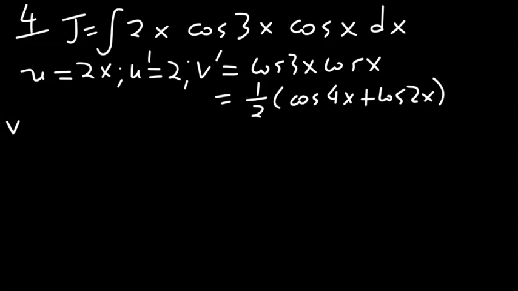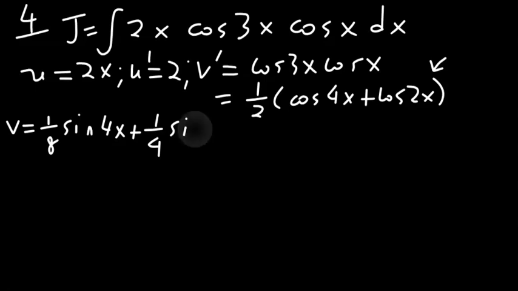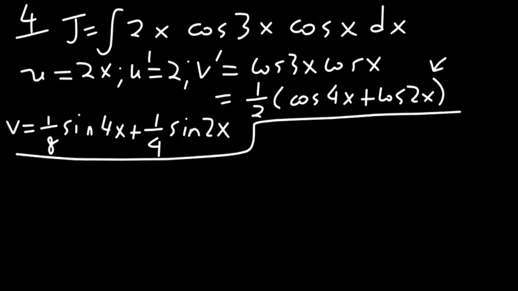So what that means is v, the result of integrating that, is just 1 over 8 sine 4x plus 1 over 4 sine 2x. Now let's apply the integration by parts formula to evaluate j.